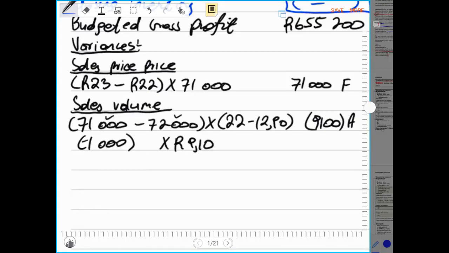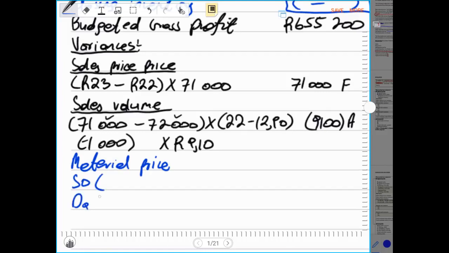Then after, we can go to the material variance, which is material price variance. We have two materials, material saw and material dar.